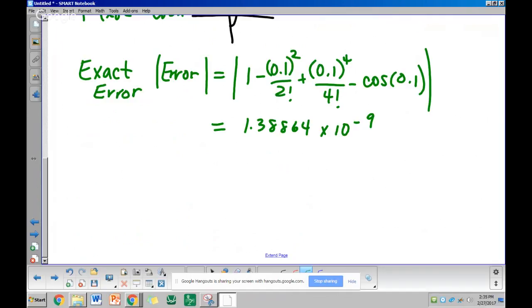Which is small. 1, 2, 3, 4, 5, 6, 7, 8 zeros. Right, that's the exact. What would the approximate be? What would Lagrange tell us the bound is?